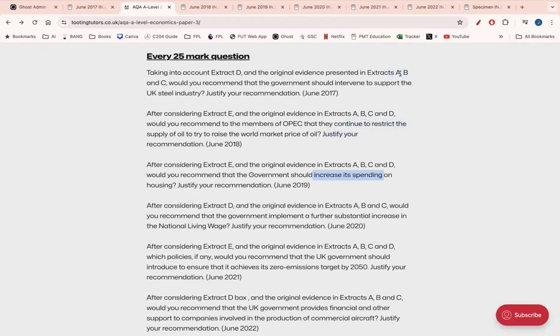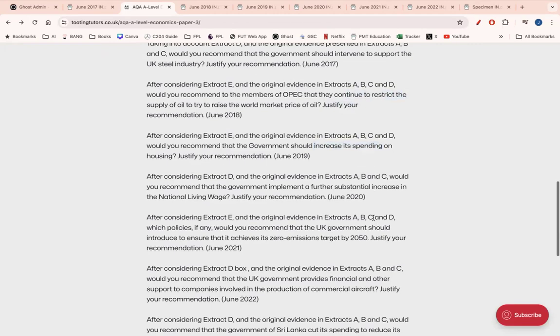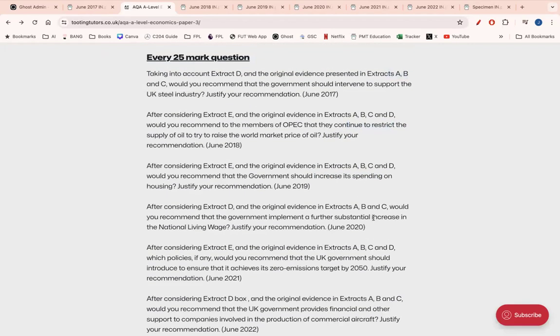What would you say for each of the paragraphs in every 25 marker? You would know what to write inside the paragraph because you've revised it already. If you don't, you can go and recap stuff. But generally, the hard part is just picking the paragraph. That's what's unique about paper three.